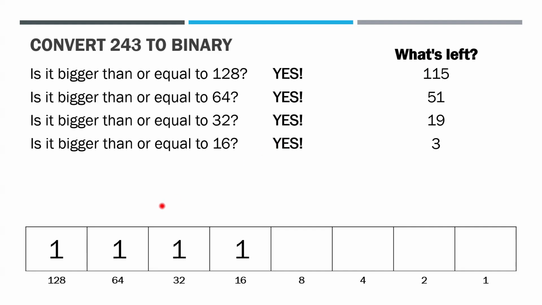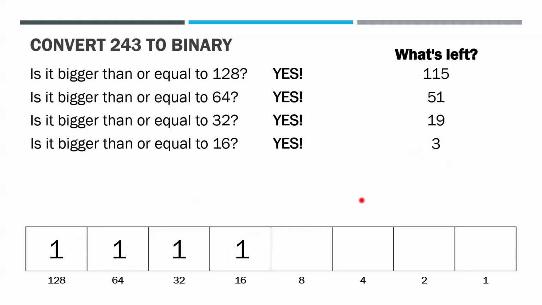So far, 128 plus 64 plus 32 plus 16 is 160 plus 80, which is 240. So we've taken up 240 of 243 with these 4 bits, and what's left over is 3.